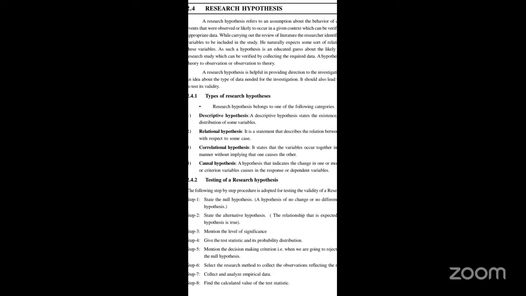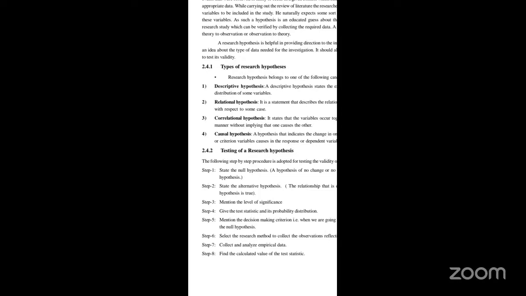Next one is testing of research hypothesis. So what are the main steps? State the null hypothesis, state the alternative hypothesis, mention the level of significance, and give the test statistic and probability distribution.